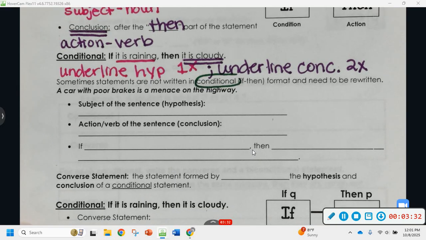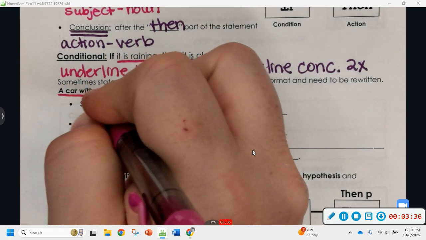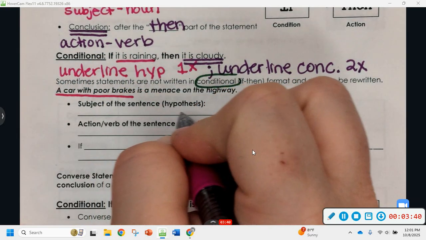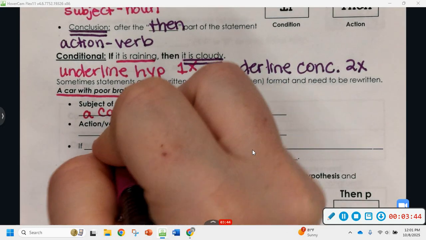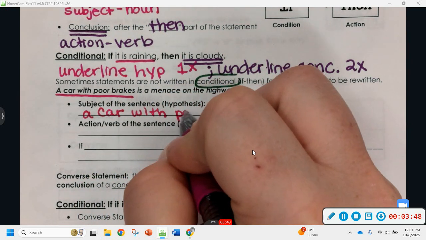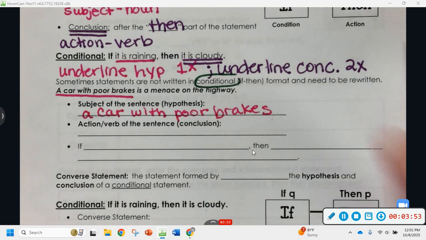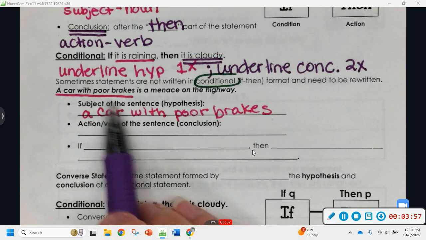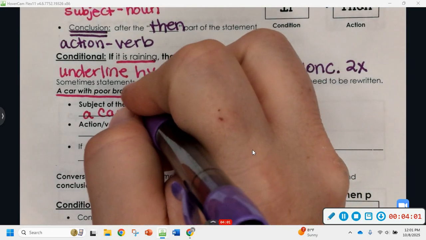We are talking about a car, specifically a car that's got poor brakes. So my subject of my sentence, my hypothesis, is that I have a car with poor brakes. And I'm going to conclude when it's got poor brakes, it's going to be a menace on the highway.